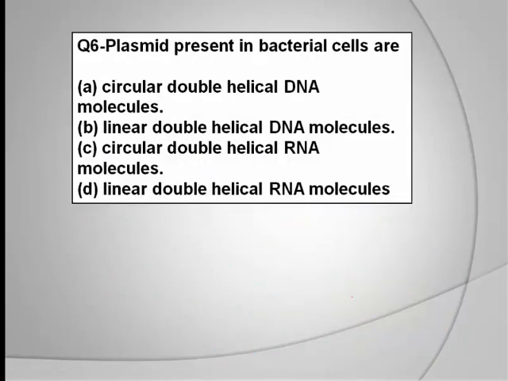Then, the plasmid present in the bacterial cell is, what is plasmid? First let us go for the options. Circular double helical DNA, linear double helical DNA molecule, circular double helical RNA molecule, and linear double helical RNA molecule.